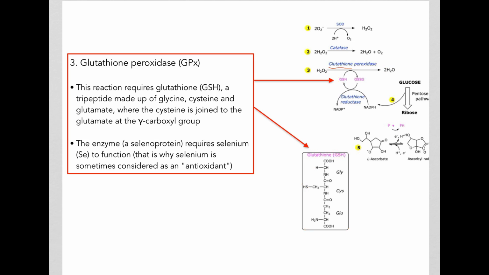So glutathione peroxidase, which is very important to destroy hydrogen peroxide, is a selenoprotein, and it requires selenium to function. That's why we sometimes consider selenium an antioxidant, because selenium is necessary for glutathione peroxidase to destroy hydrogen peroxide, which can produce very powerful free radicals, into safe chemical water.